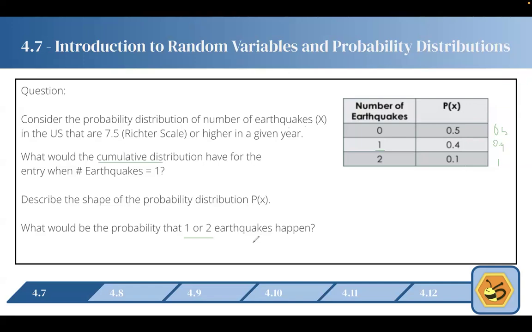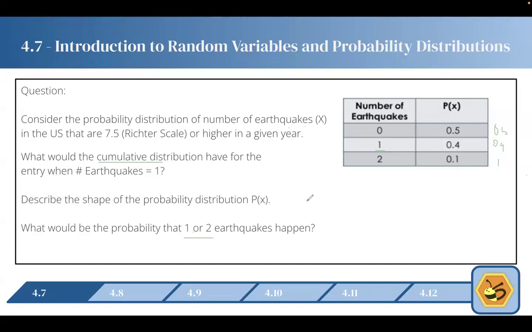So 0.4 plus 0.5. Just add P of x1, P of x2. Yes, RS, that's exactly right. But I understand why you guys are going with other answers. Here's how we would go about thinking about it. All we need to do is add them.